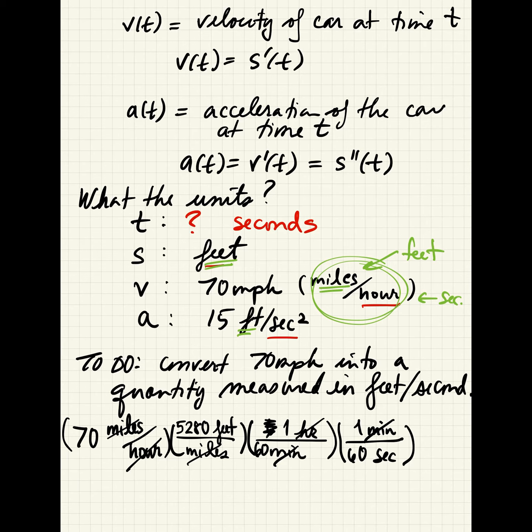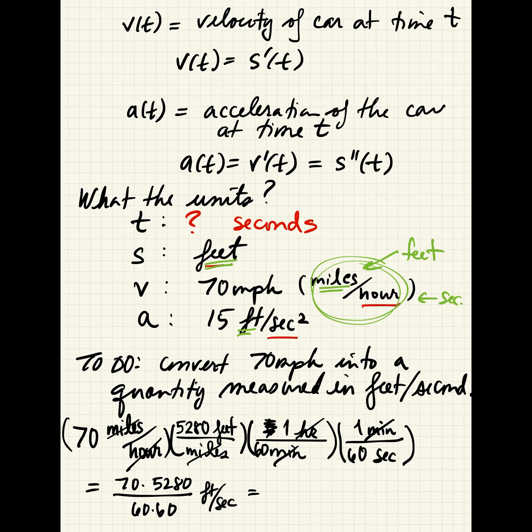Once I multiply all these numbers together, I will have a number whose unit is measured in feet per second. So let's do that. So what do we get? In the numerator, I've got 70 times 5280 over 60 times 60. That's feet per second. And if you want to use a calculator, or if you want to use Google or something, you can go ahead and figure out what this number is.